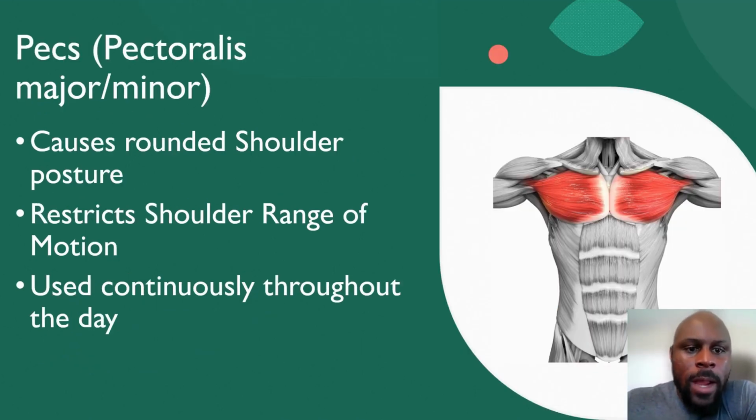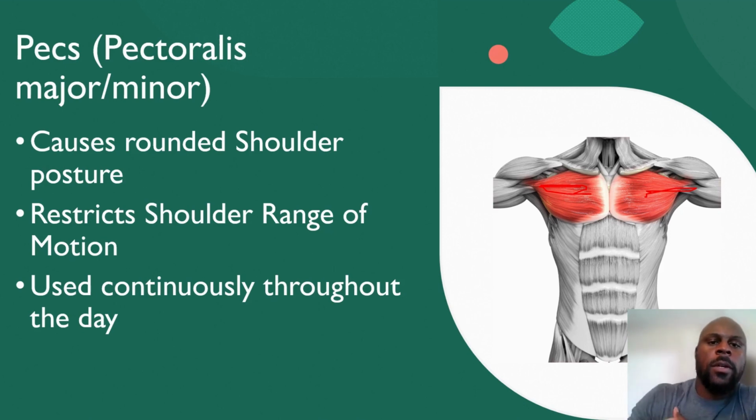Okay, so now we have the pecs. The pecs, again, are these big old muscles right in here in the chest, and these contribute a lot to the restricted shoulder range of motion. The reason being is, again, your arms are constantly forward. So your arms are in this position here, and your pec muscles are being shortened.